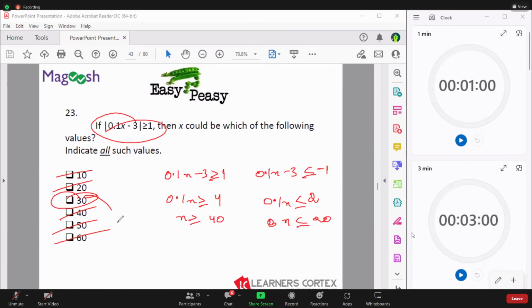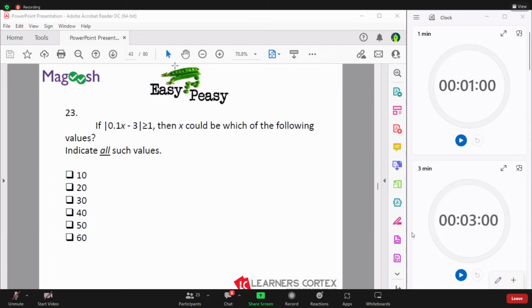Okay. Has anyone understood? Okay, great. There can be an alternative solution to this one. If we simply solve the greater than or equal to 1, we'll get x greater than or equal to 40.